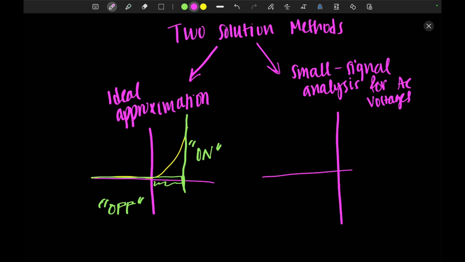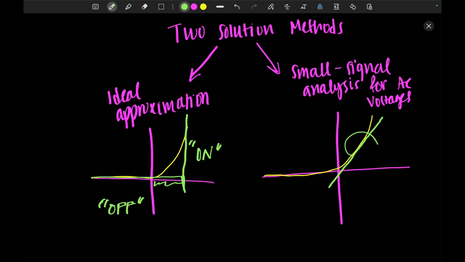Let me just write that graph out so it'll be easier to tell. You have your diode equation. Now, if you recall back in Calc 1, you guys learned about derivatives and approximating with a tangent. So you can really take a value here and approximate it with just a straight line.